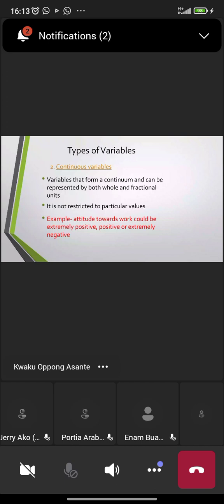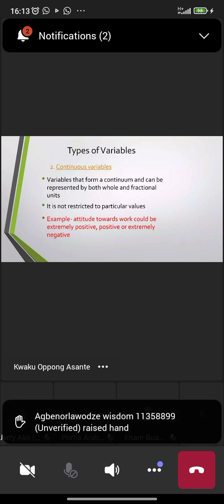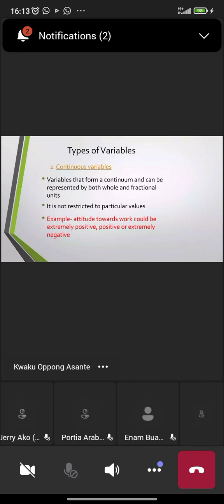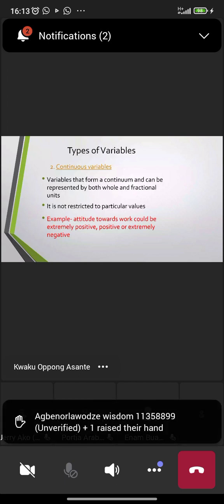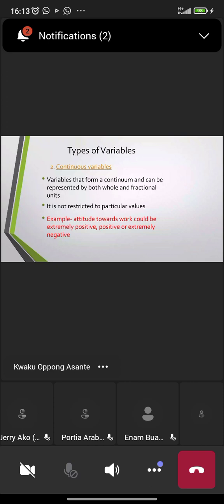We can look at employees' attitude towards work, which can be classified as positive, extremely positive, or extremely negative, and all that. Variables that are continuous have no restriction to particular values. Something like age is a continuous variable that we also use in research.